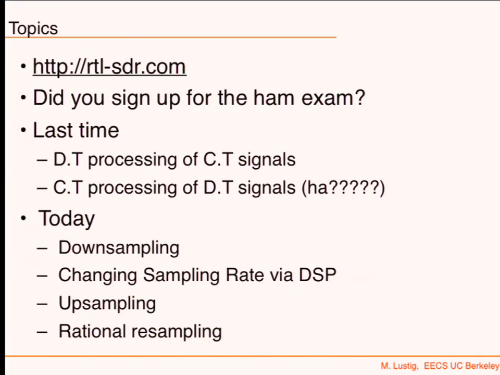Let's say you have a continuous time signal, we sampled it, now it's discrete, and we are going to downsample it. What does it mean? It's like sampling it at a different rate in the analog domain. That's the equivalence. So effectively, we are changing the rate of our measurements as if we had sampled at a different rate in the analog domain.